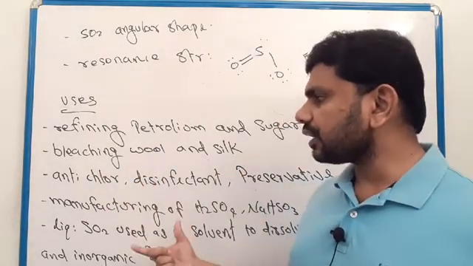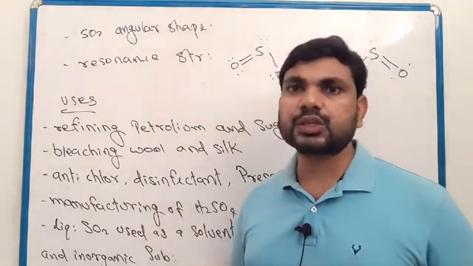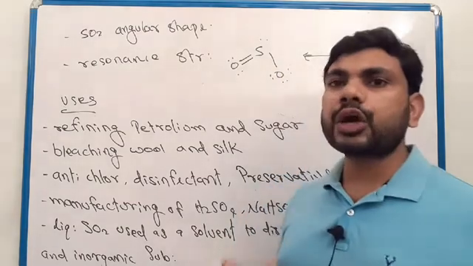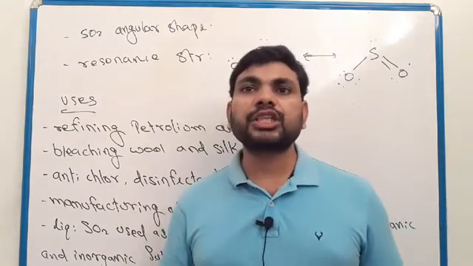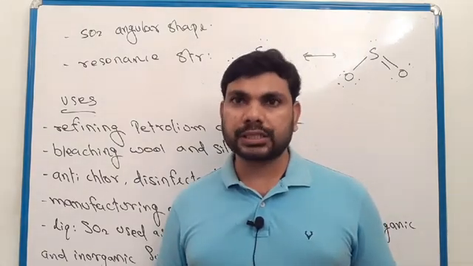Sulfur dioxide is used for the manufacturing of sulfuric acid. This is a very important use, and the process is called the contact process.